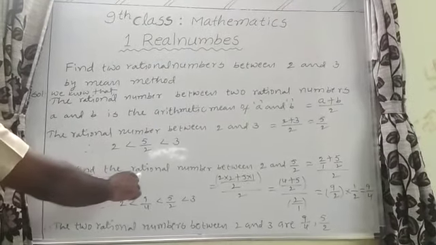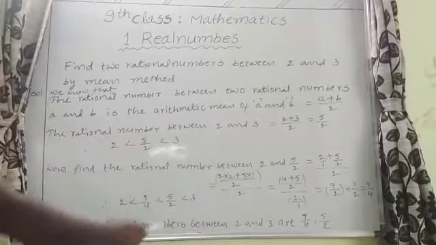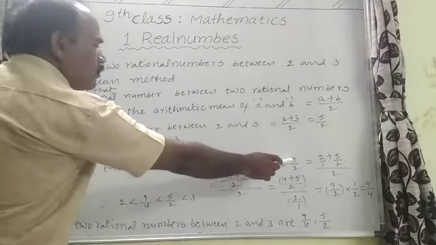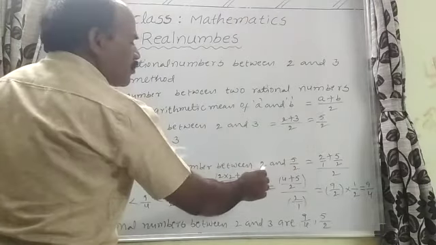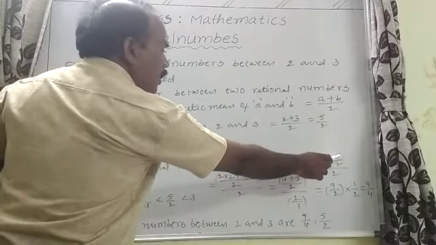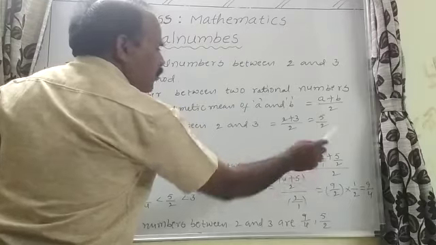Now find another rational number between 2 and 5 by 2. That is equal to the arithmetic mean of 2 and 5 by 2, which is (2 plus 5 by 2) by 2. 2 means 2 by 1.